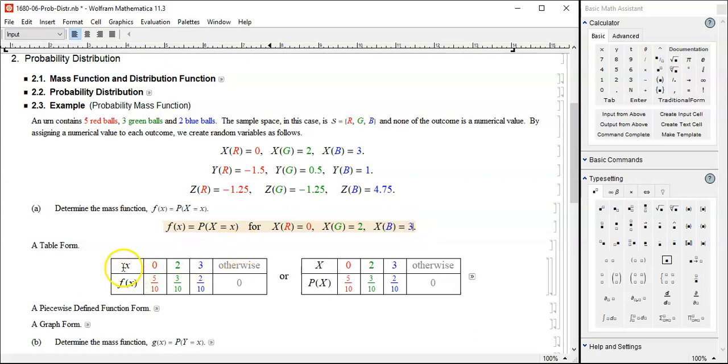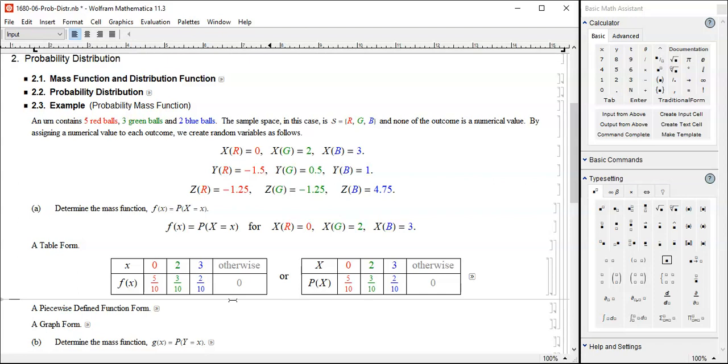And then the probabilities go to the second row, 5/10, 3/10, 2/10. 5 red, 3 green, 2 blue. So those are the probabilities. And of course, otherwise impossible. So otherwise the probability is 0. This part, which I just highlighted, is not really necessary. So many textbook authors just skip this part, but I usually put this one in. Otherwise, the probability is 0.